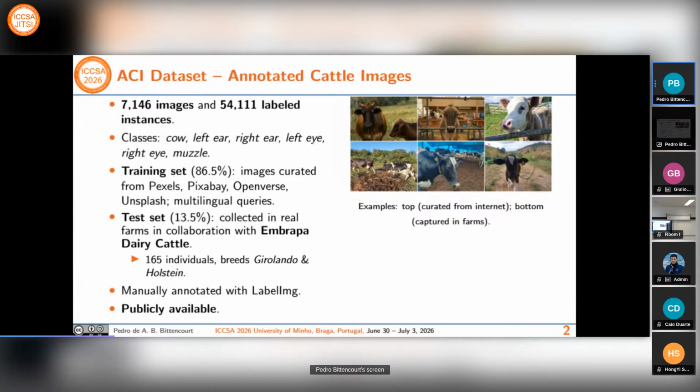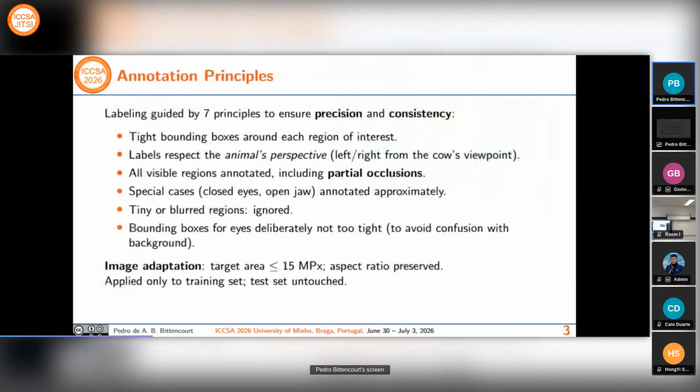The test set, about 13.5%, was collected directly in real farms in collaboration with Embrapa Dairy Cattle. It includes 165 individuals of the Girolando and Holstein breeds. All annotations were done manually using LabelImg. And importantly, this dataset is publicly available for future research.